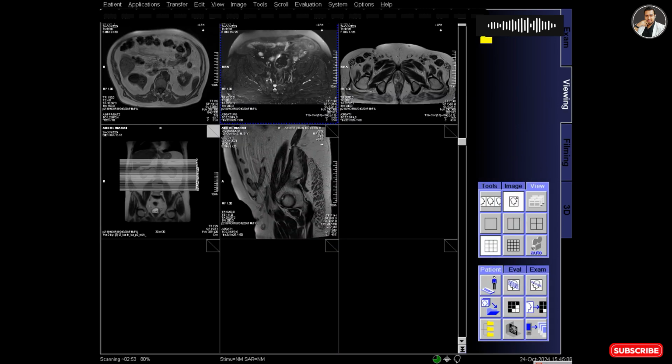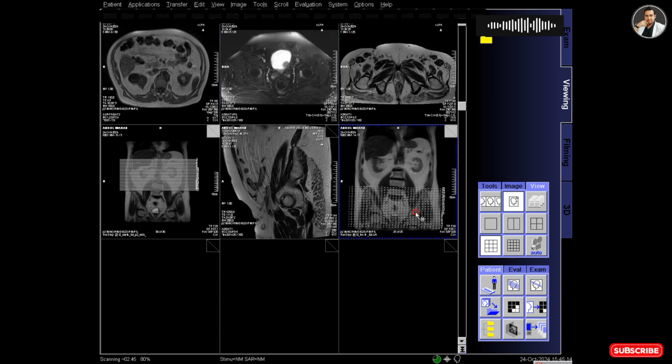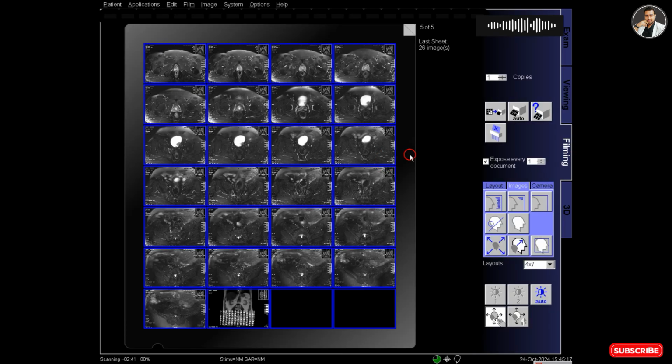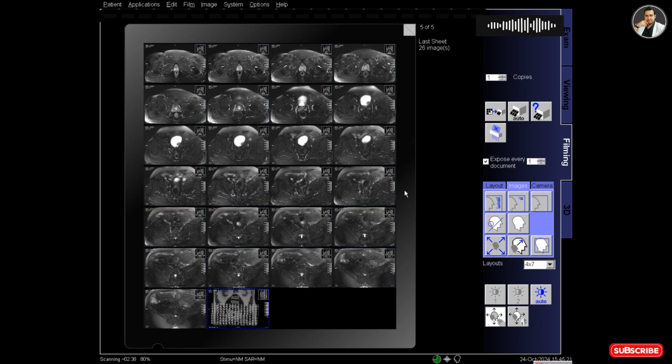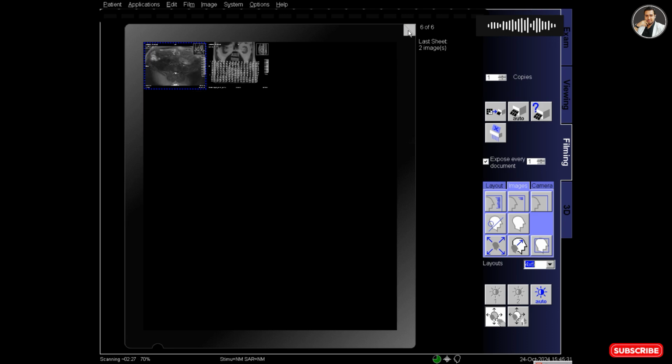So now it's the lower abdomen T2 fat set axial. You can see that in the urinary bladder there is a dark mass. There's a filling defect mass. I send the series to the filming, T2 fat set axial lower abdomen, and that is showing the urinary bladder and the prostate.